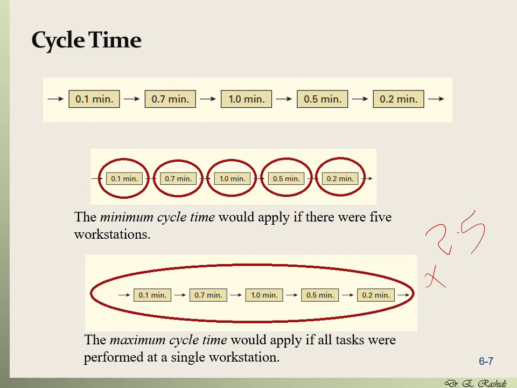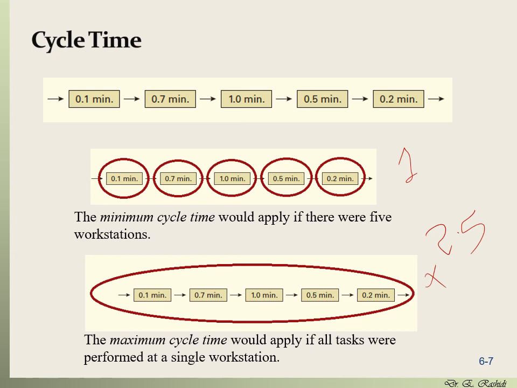So the cycle time here would be anything in between, depending on the design that we have. For example, these two bundled together, this one bundled by itself, these two bundled together. There are different scenarios and different ways to bundle these tasks together.